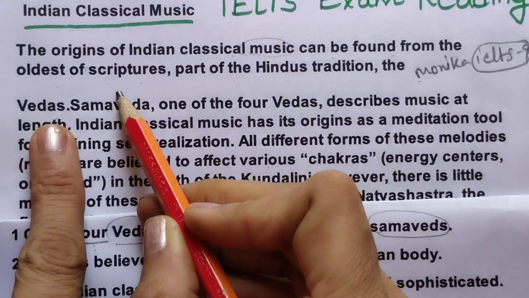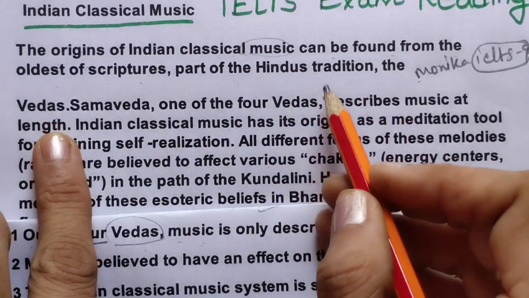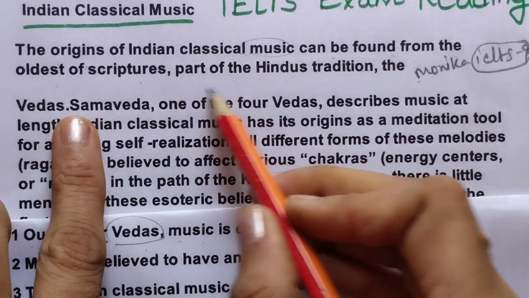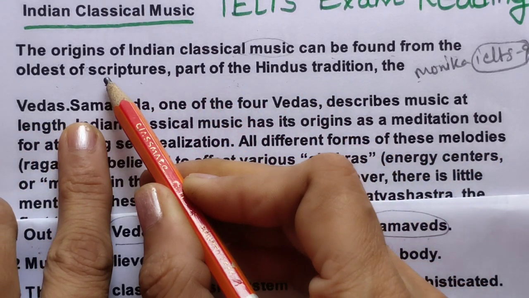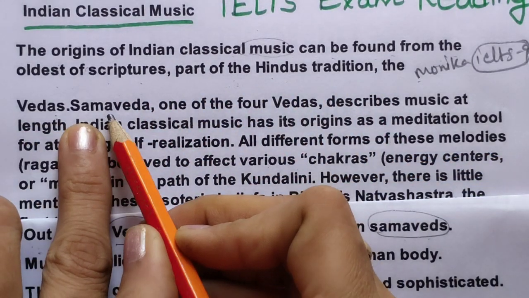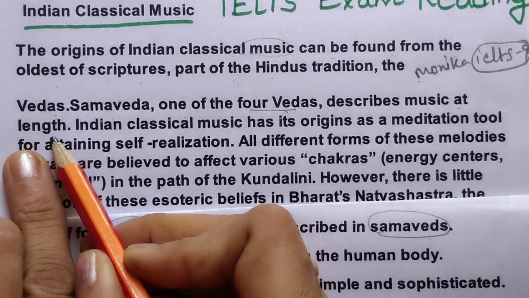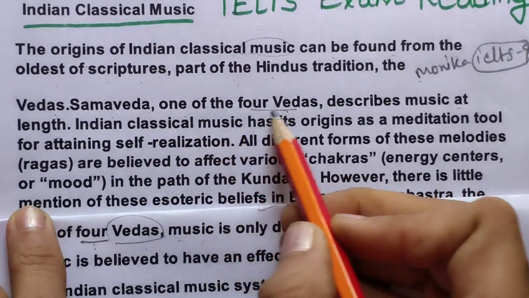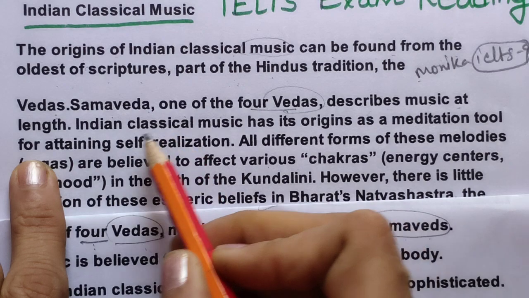This gap is not a partition, actually it is a printing mistake, which is why some blank space is there. Scriptures, Hindu tradition, the Vedas. Now, Samveda, one of the 4 Vedas, describes music at length, meaning a full description.